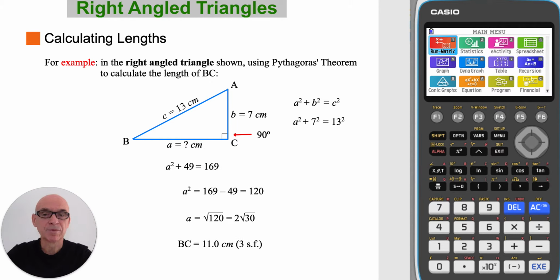In this example, we can use Pythagoras' theorem in the right-angled triangle shown to calculate the length of BC, one of the shorter sides. Identifying the hypotenuse as the length of 13 centimeters, squaring and adding the two shorter sides and equating that to 13 squared, the hypotenuse squared.